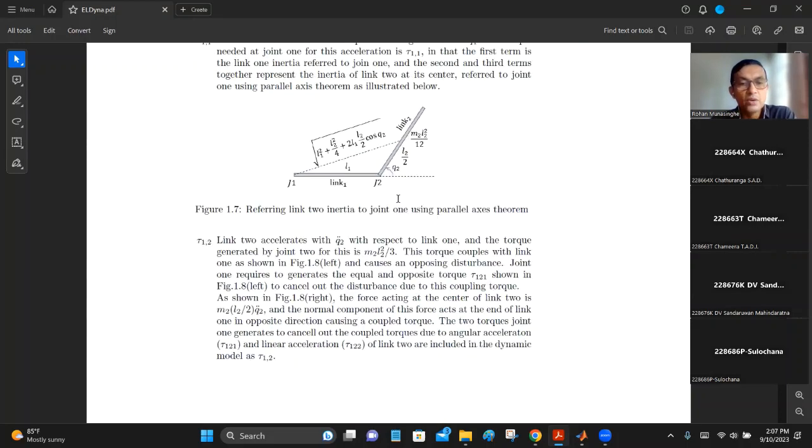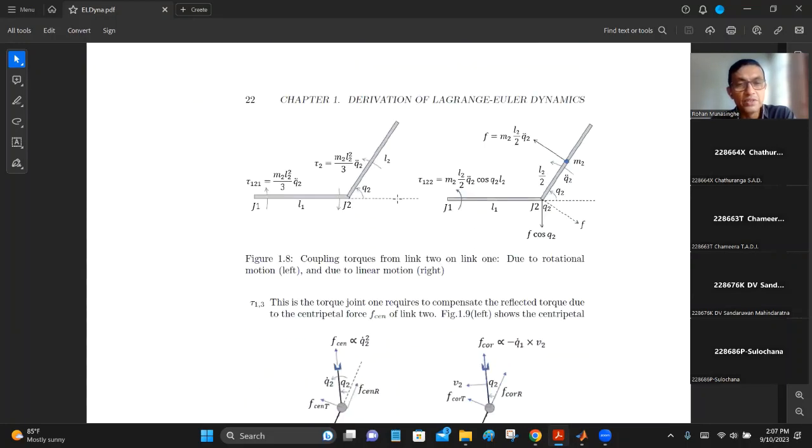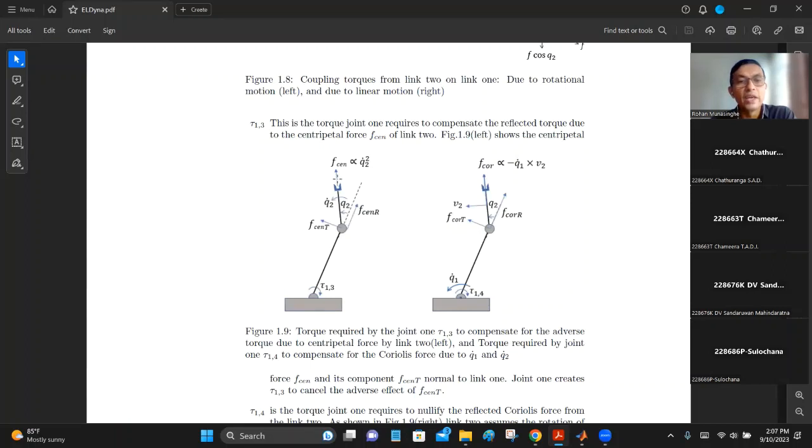So this is coming from this centripetal force. Now, if you break it down and look at the vector direction, it is like this, the centripetal force. If you break this down into two components, you can see one is along link 1, the other is normal to link 1. Along link 1, we do not consider here because any of these forces along the link, either outward or inward, is actually taken up by the structure itself, right?